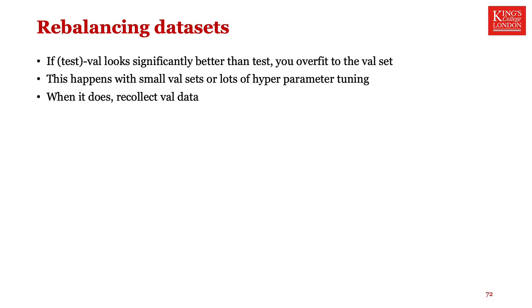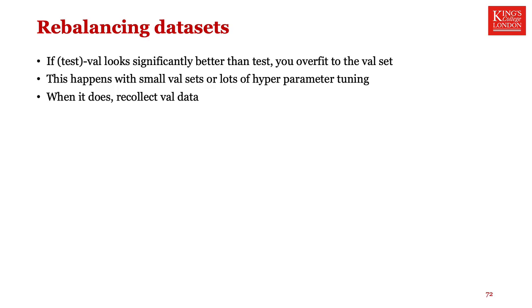So if your validation set is small and you're optimizing all of these hyperparameters, you're pretty much almost overfitting on your val set via the hyperparameter tuning itself, which means your val set becomes less valuable because it does not actually act as a validation source. When this happens, you need to make sure that your data is rebalanced.